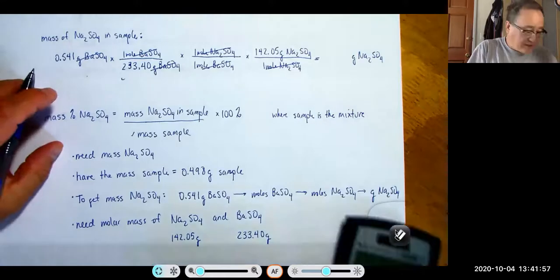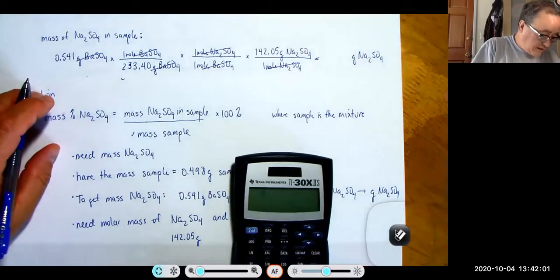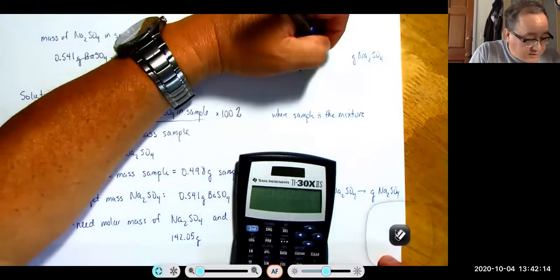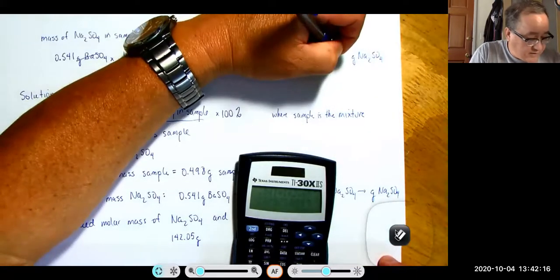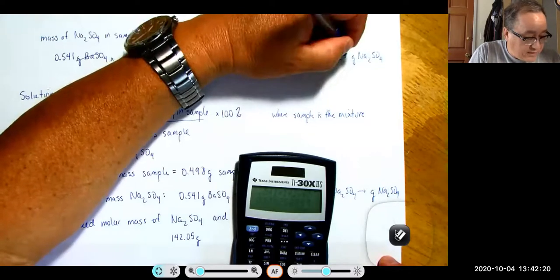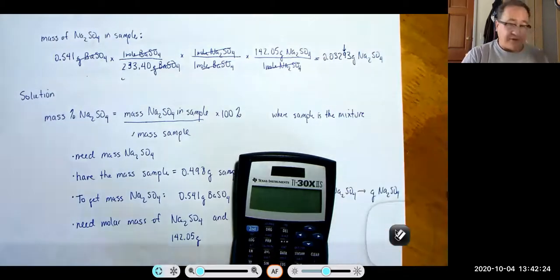All right, well, let's take a look and see what we get. So 0.541 times 142.05 divided by 233.40, and we get 0.03293. I'm carrying an extra digit along because I know this isn't the end of the problem.